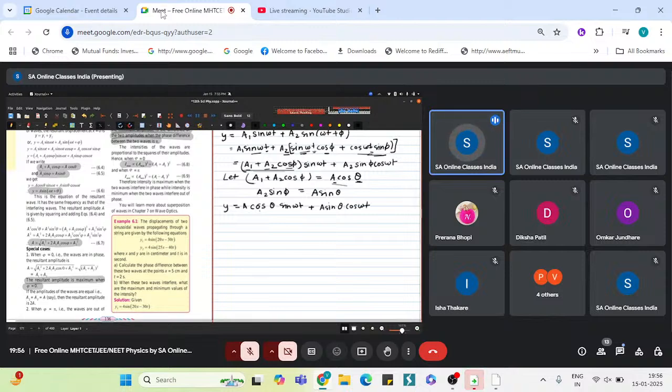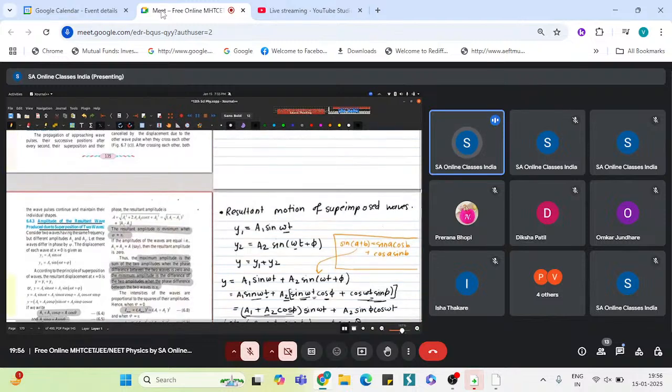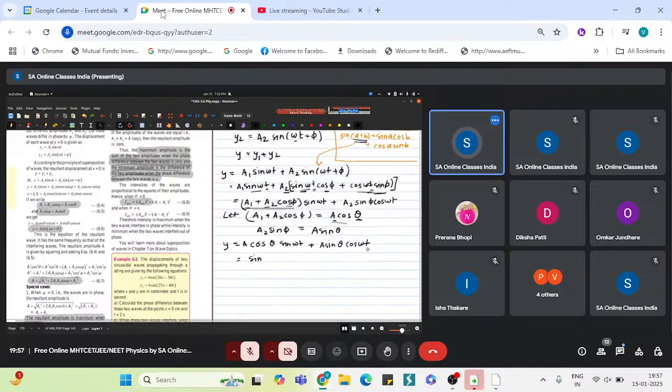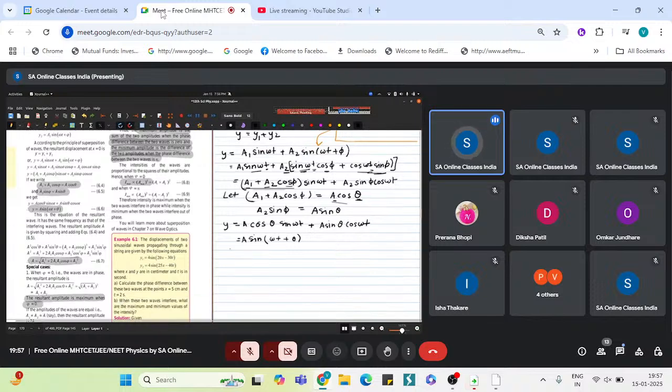This is again cos A sin B plus sin A cos B, the same thing, and by the same formula it is equal to A sin(omega t plus theta). So the resultant y is essentially A sin(omega t plus theta).